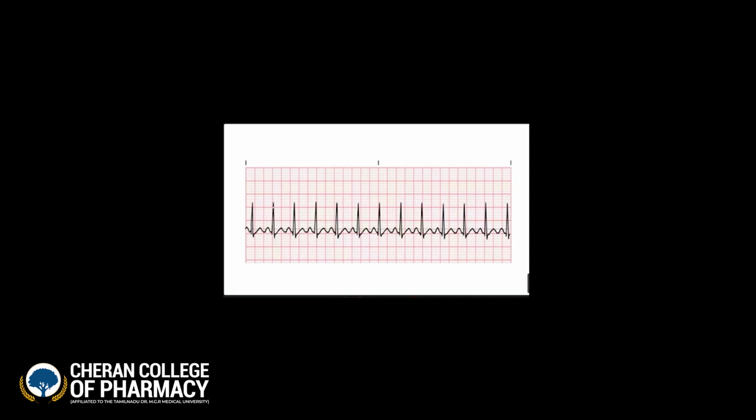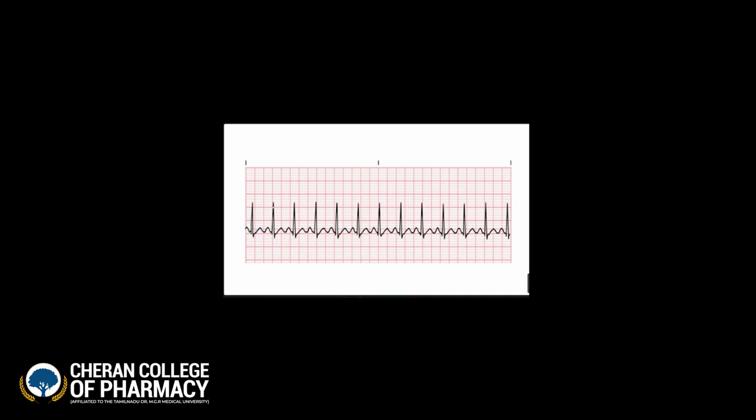Is the heart rate normal or abnormal? Abnormal. Tachycardia, right? So can anyone say how to know whether the patient is suffering from tachycardia or bradycardia? What is the normal heart rate of a patient?